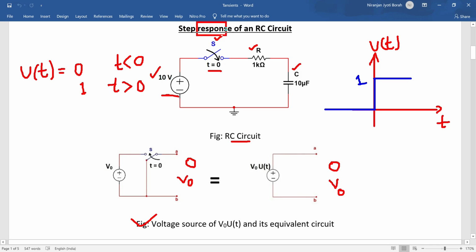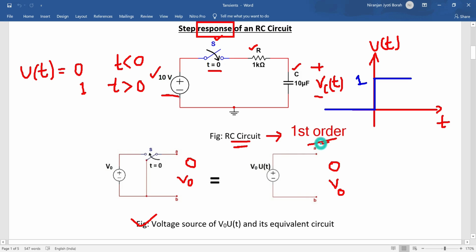Now the circuit's response, that is the voltage across the capacitor, can be found by applying Kirchhoff's law in the RC circuit, which will result in a differential equation of first order. Hence, this RC circuit is called a first order circuit.